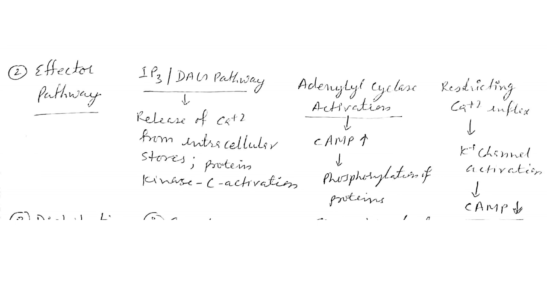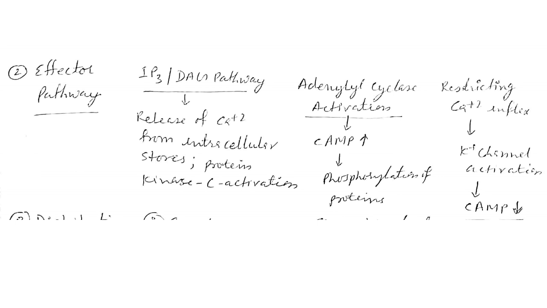Another is the H2 receptor. The H2 receptor is again a G protein coupled receptor, and here the pathway is adenylyl cyclase activation, in which cyclic AMP is produced. So the concentration of cyclic AMP will increase, and that is why phosphorylation of the protein takes place.